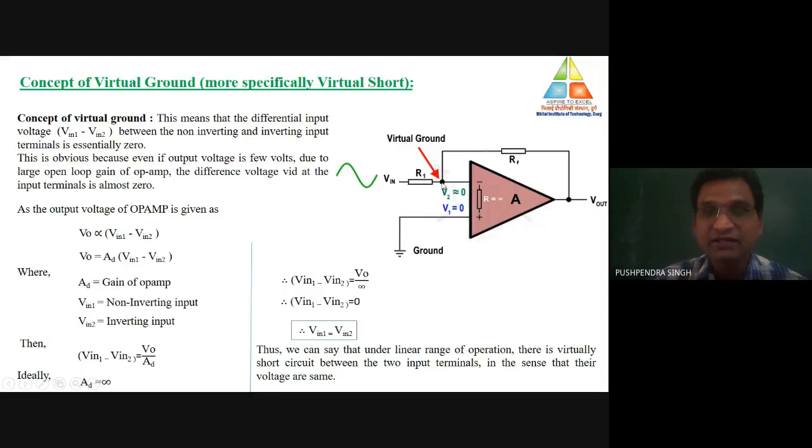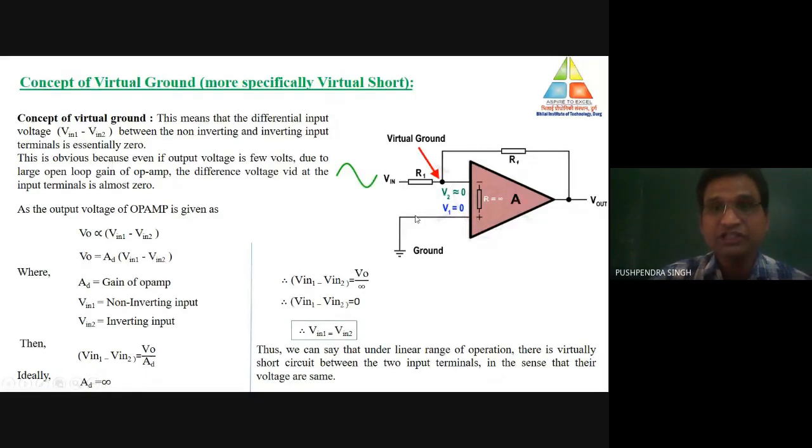Now tell me, what is the fundamental of this? As per the circuit diagram, both the terminals are not connected to each other. In real condition, both the terminals are not connected to each other. But after the calculation, we can conclude that internally both the terminals are short circuited. Why? Because Vin1 is equal to Vin2, or the inverting terminal voltage must be equal to the non-inverting terminal voltage.